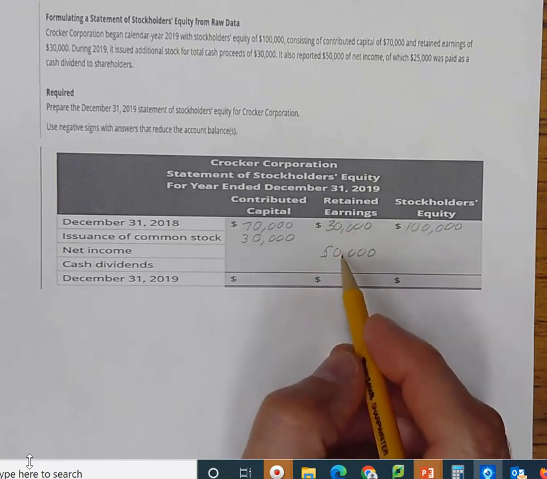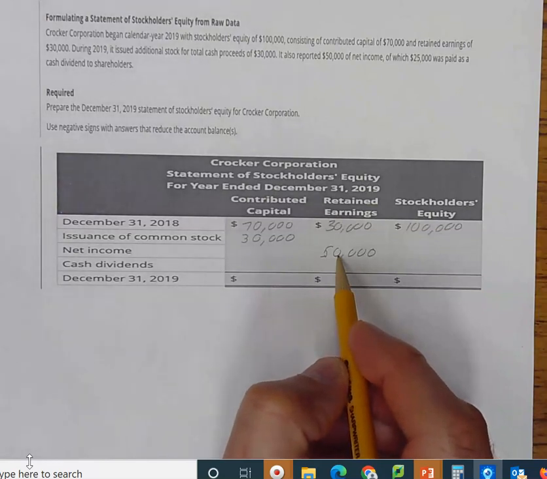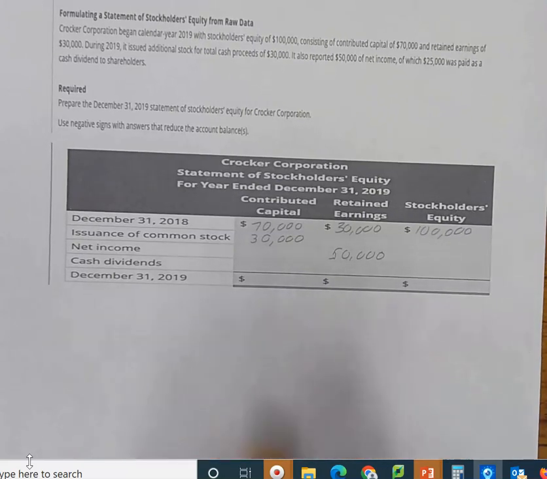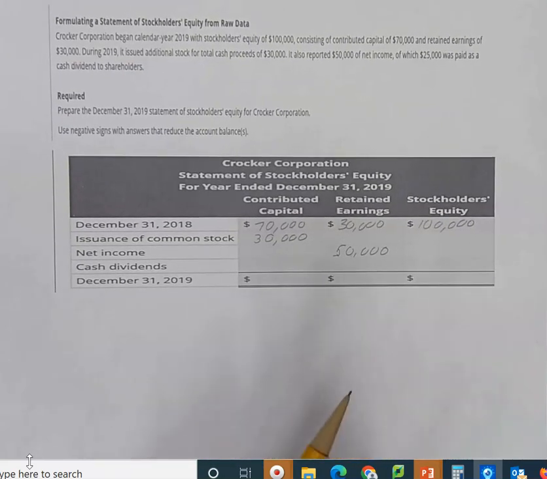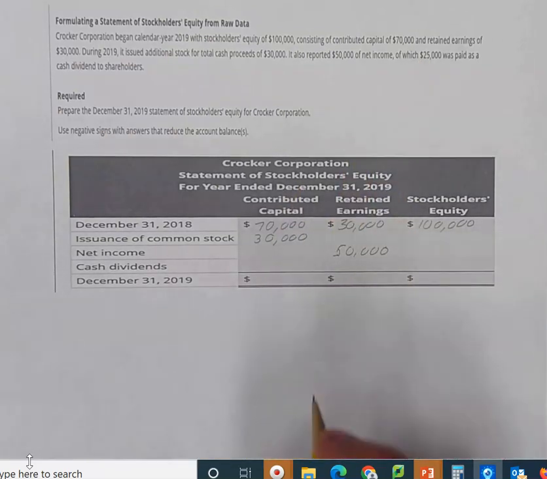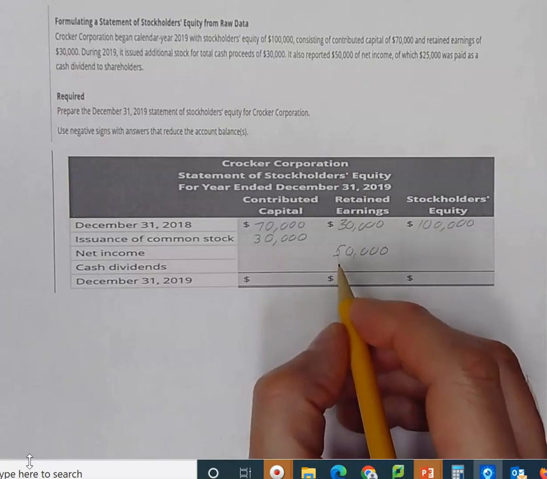We have an additional $50,000 of net income, and if we were to retain all of that, okay, well then we would have $80,000 of ending retained earnings. But that's not what happened because we paid out $25,000 in cash dividends.